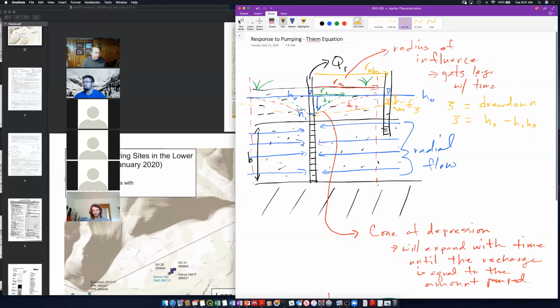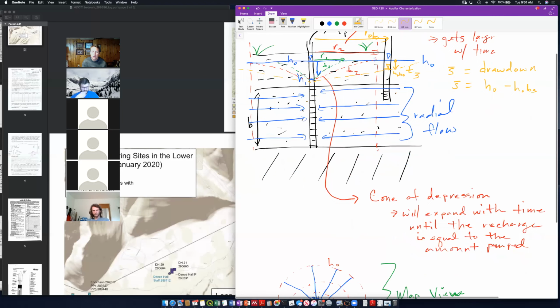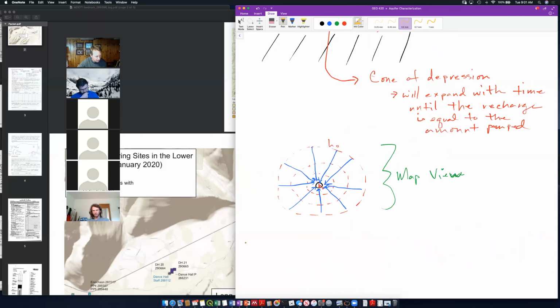All right, so we're going to consider first this scenario, a steady state. We're going to move to steady state, so we're going to consider a steady state cone.